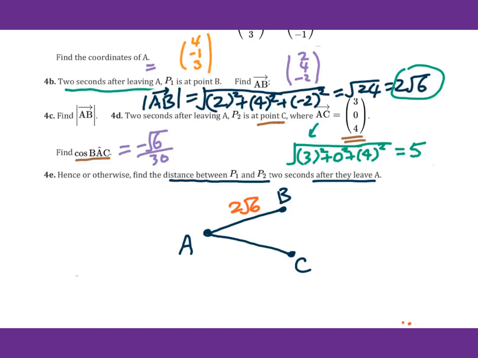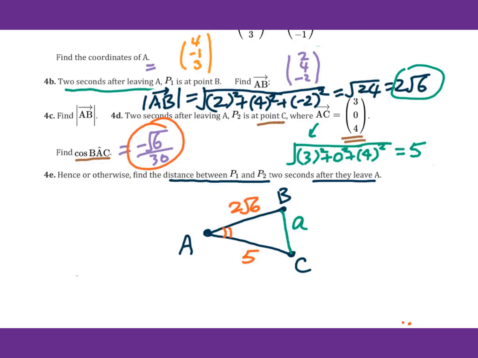Length of AC is 5. Cosine A is given to you, negative square root of 6 over 30. We are looking for the distance BC. That means P1 and P2, 2 seconds after they leave A.